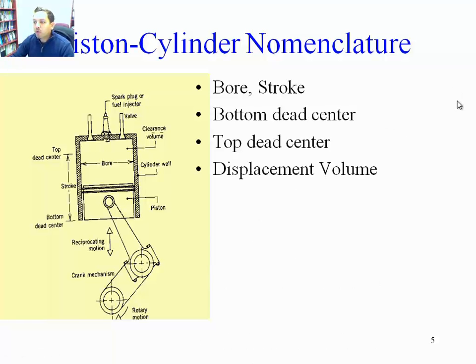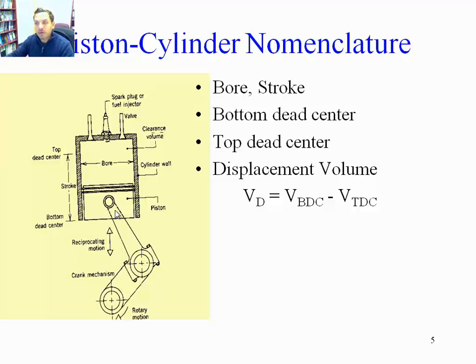The displacement volume is essentially the volume inside the cylinder when the piston is at the bottom dead center minus the volume in the cylinder when the piston is at the top dead center. So that's what's called the displacement. When you hear an engine is a 2-liter engine, let's say we have a 4-cylinder 2-liter engine, that's essentially each cylinder has a displacement of 0.5 liters.